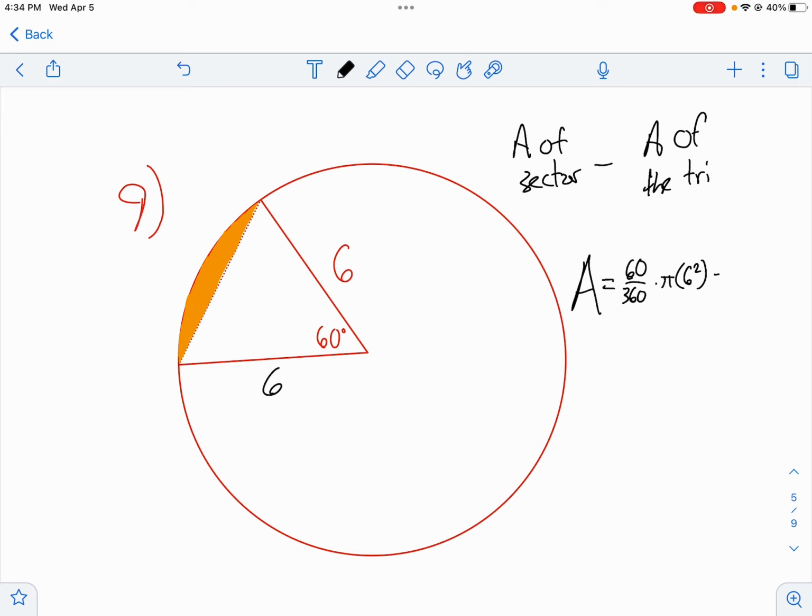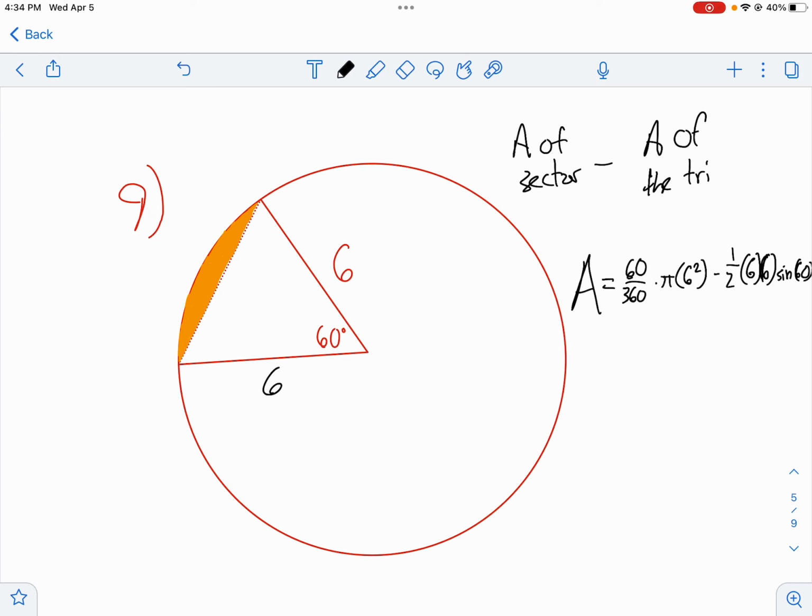I think the easiest way to do this is using our 1/2 bc sine A, but you can also do it using trig. So I'll do this one using 1/2 bc sine A, and we'll do the next one using trig. Both work. One's faster, but one is a good backup if you can't remember the formula when you're solving this on a test or a quiz or the final. So I'll go minus 1/2 times 6 times 6 times the sine of 60.